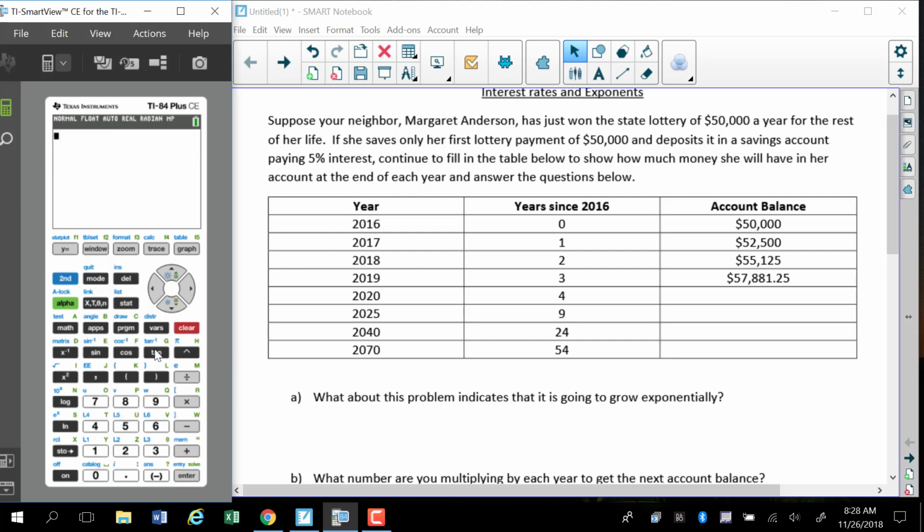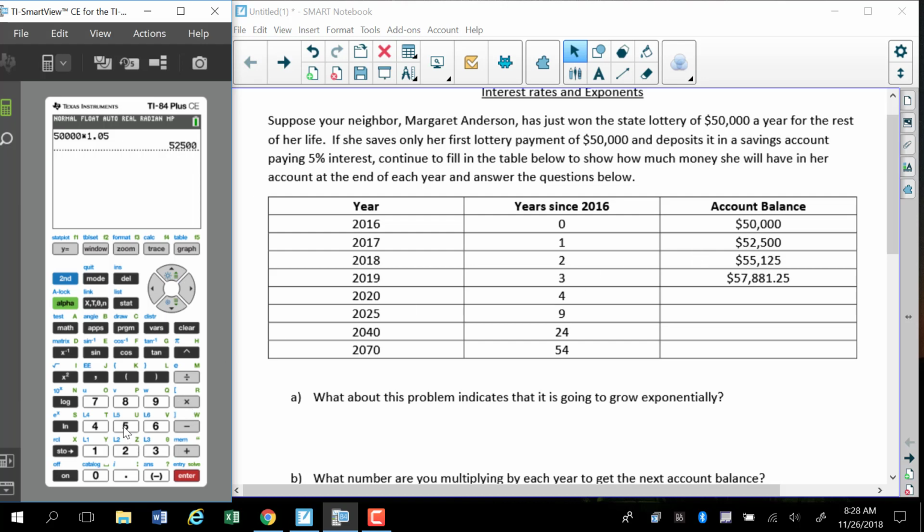Another way to do this problem that I'm going to show you is take that $50,000 and multiply it by 1.05. We're going to talk about this in a little bit, but that's 5% more than the 50,000. And if you look at this, you can now do this in one term, 52,500.